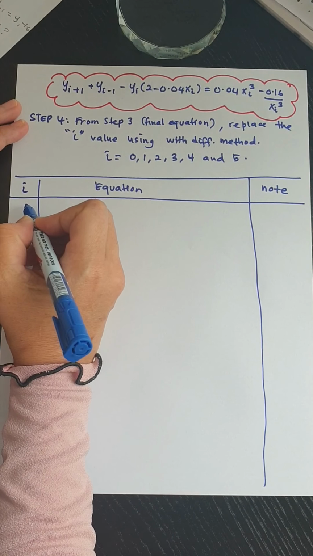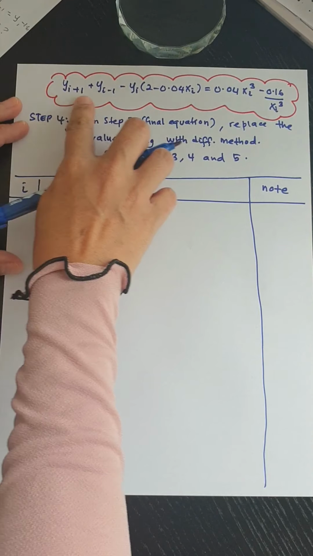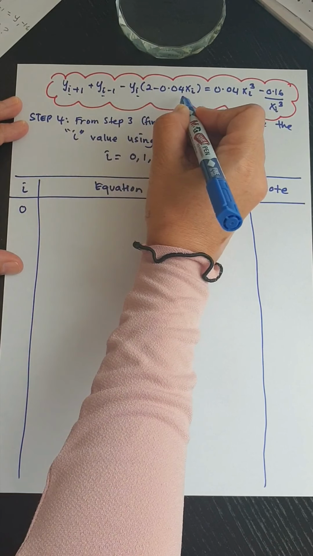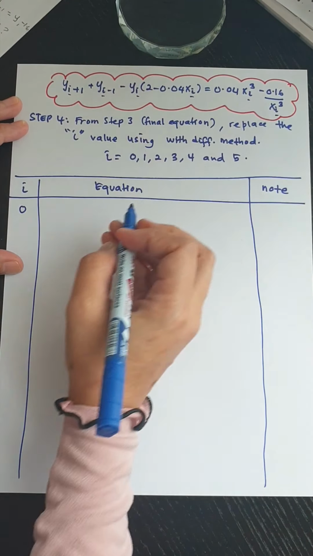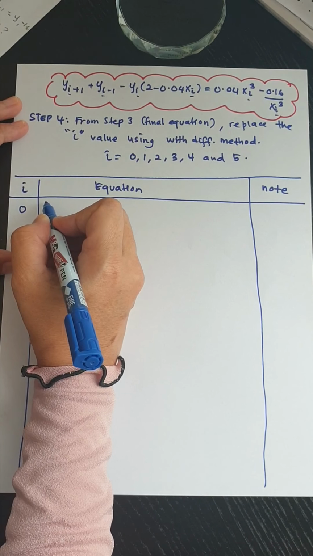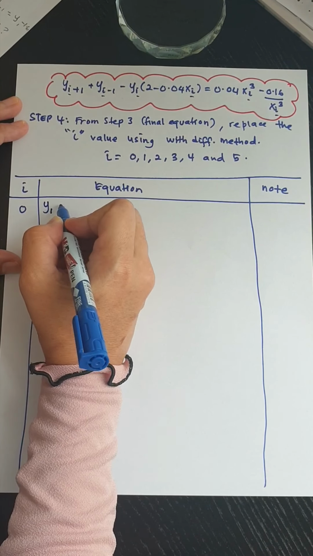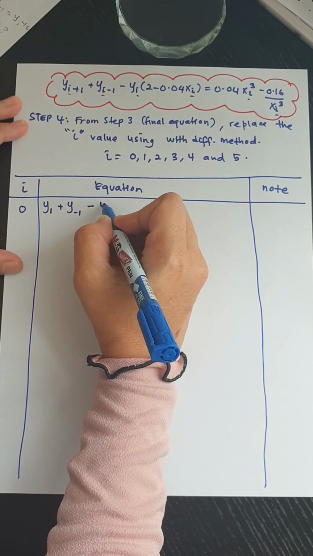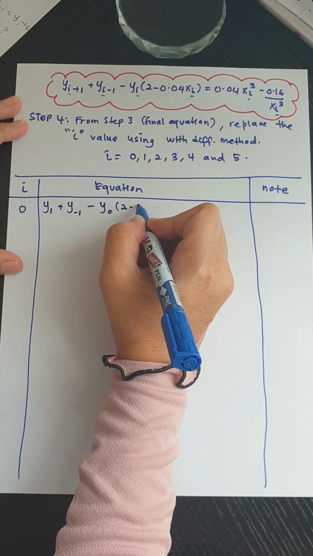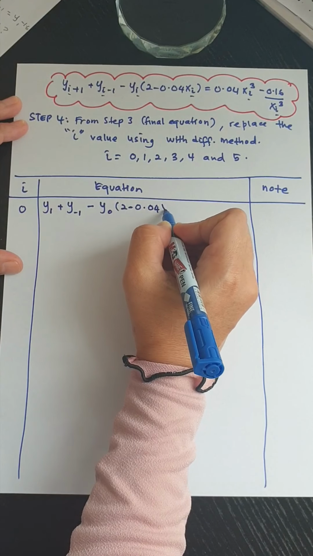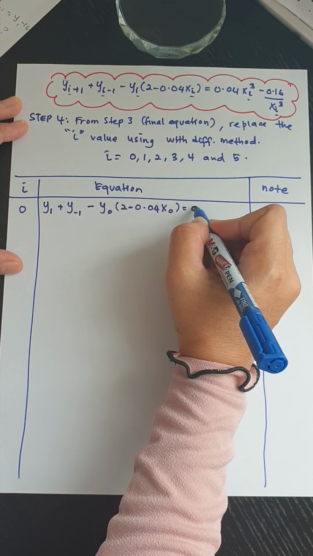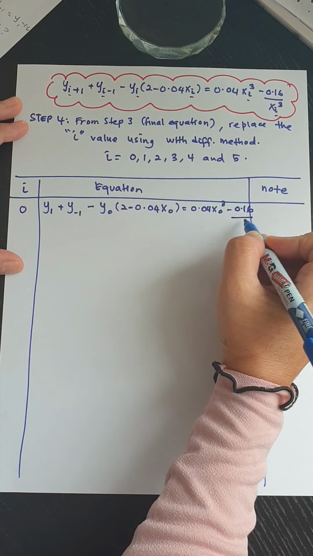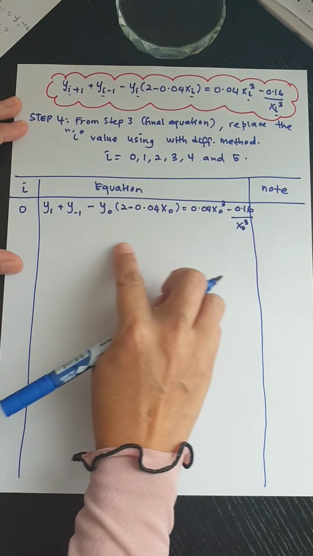Now we go step by step to form the linear equation using this step 3 equation that you have simplified earlier. For i equal to 0, this is the equation. Just rewrite by replacing all i's in the equation with 0. So y0 plus 1 is y1, plus y0 minus 1 is y minus 1, minus y0 times 2, minus 0.04 x0 y0, equal to 0.04 x0 to the power of 3 minus 0.16 divided by x0 to the power of 3.